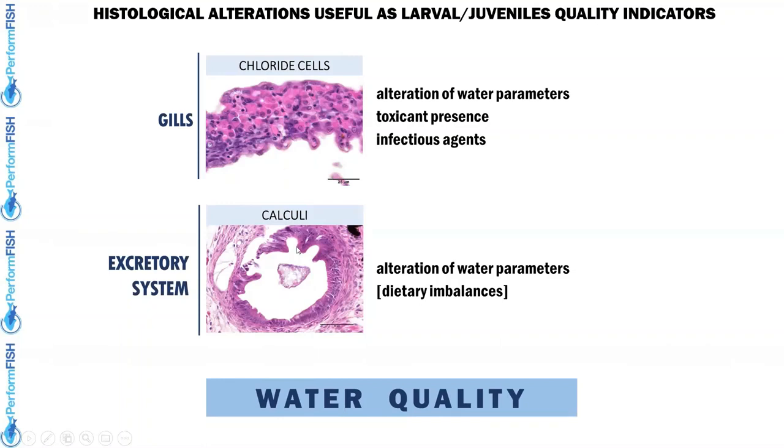And so also the presence of calculi in the kidney was for us an interesting hallmark because it tells us that the quality of the water in the rearing system is not good, and maybe the presence of some gas inside, but in particular, maybe there was an increase of carbon dioxide.